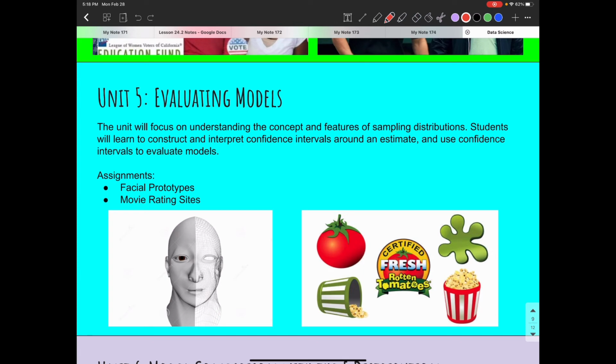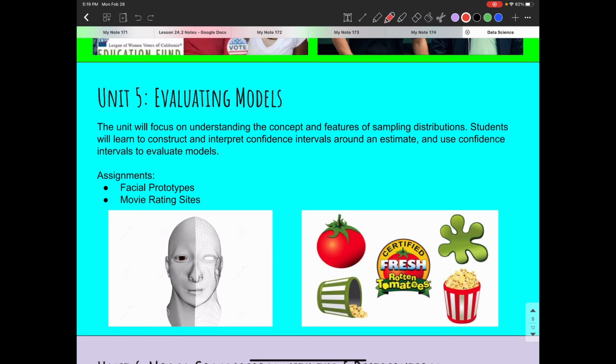Then we're also going to do an assignment around movie rating sites. Do the big movie rating sites largely agree or disagree with which movies are best? Sometimes I know I see on Rotten Tomatoes, it says this movie's a 97%. And then on Metacritic, it's super low.